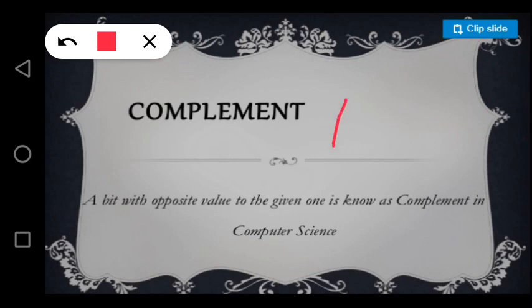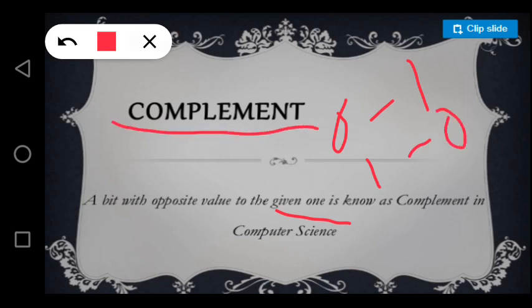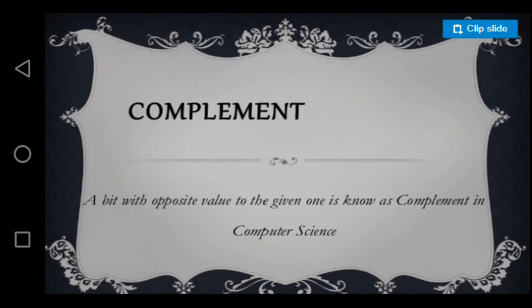What it is trying to say is, a bit with the opposite value to the given one. If the given one is 0, the opposite is 1. If the given one is 1, the opposite is 0. This is the concept called complement.